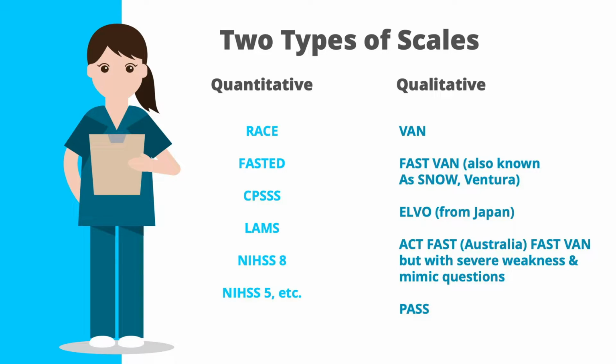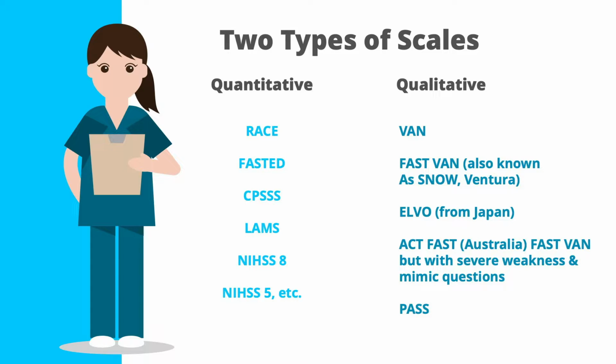And then, because it was published both in abstract and in actual publication before PASS, FAST VAN out of Canada, which is exactly the same as SNO, which is actually a Stroke Network of Wisconsin scale, which is exactly the same as FAST VAN, which is basically gaze for vision, aphasia, can't name objects, watch and pen, and testing neglect, basically.